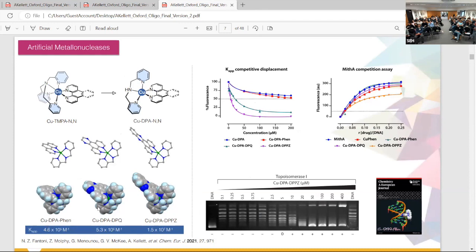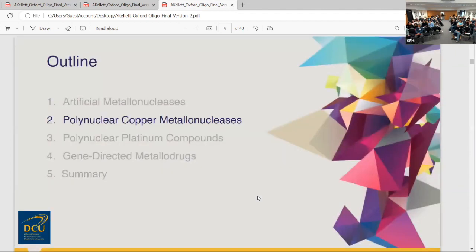And you can see there's a stepwise enhancement in the DNA binding affinity. In particular, this DPPZ compound is a potent DNA binder and targets the minor groove, even the minor groove of GC-rich sequences. They also have significant topoisomerase poisoning activity.